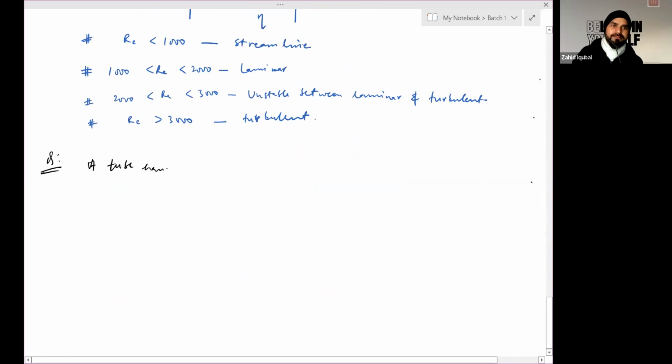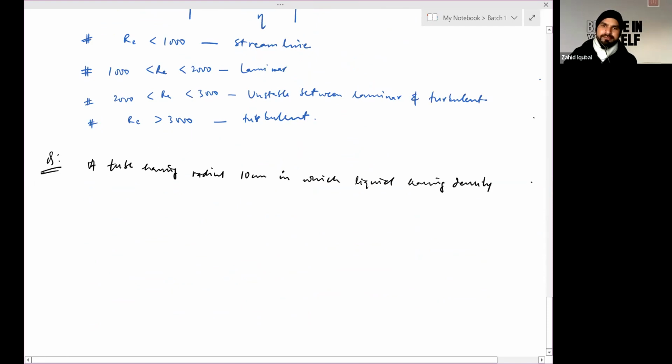A tube having radius 10 centimeter, in which liquid having density 800 kg per meter cube and eta 0.05 Pascal second is flowing at 20 meter per second.